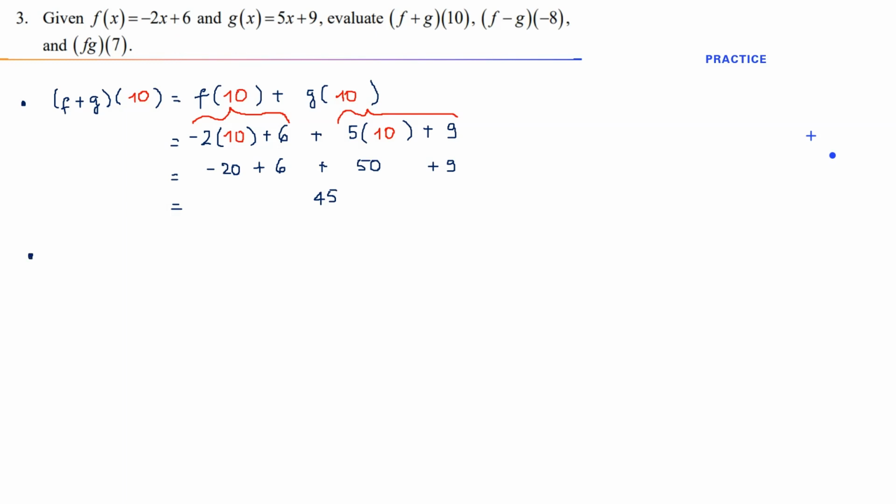Now next we have f minus g of -8. That equals f of x minus g of x.